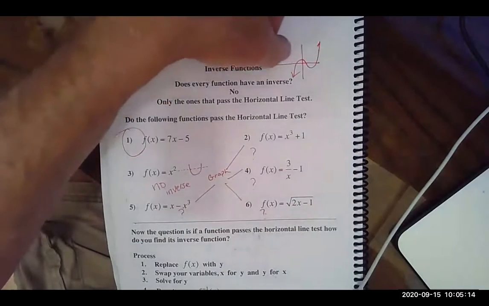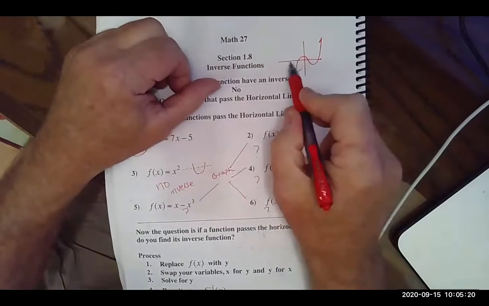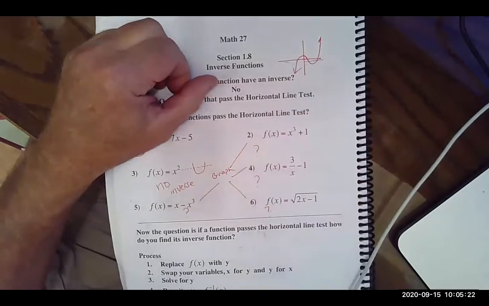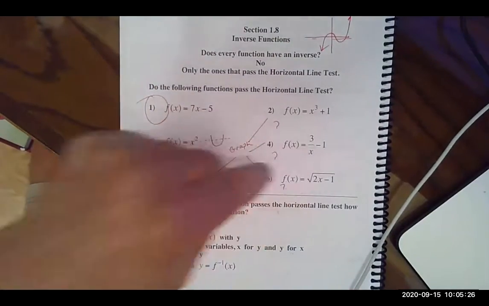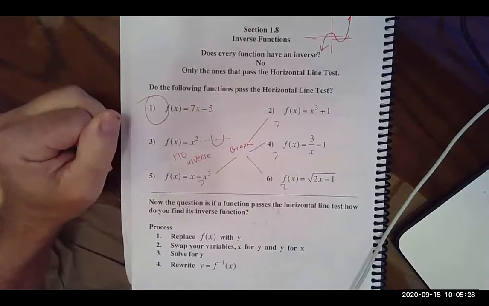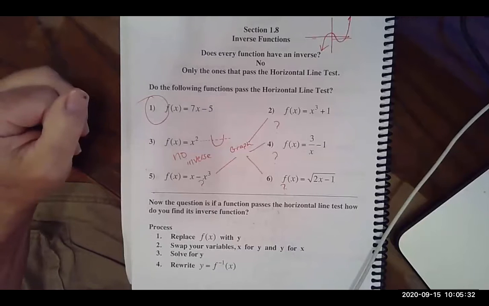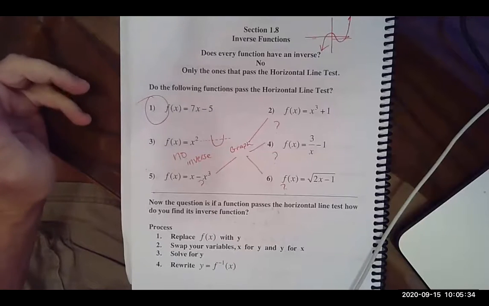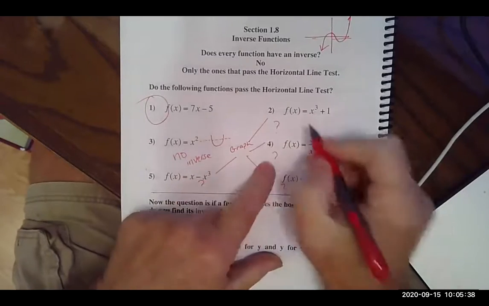Does this have an inverse? No, because it doesn't pass the horizontal line test. It goes through it more than once. So you'd have to graph each one of these and see if there are any bumps or turns. If there are, then it doesn't have an inverse. If there's not, like this one, then this is going to be a yes.